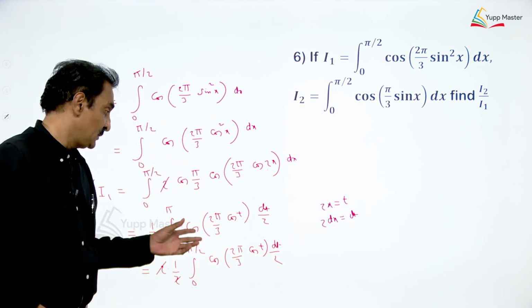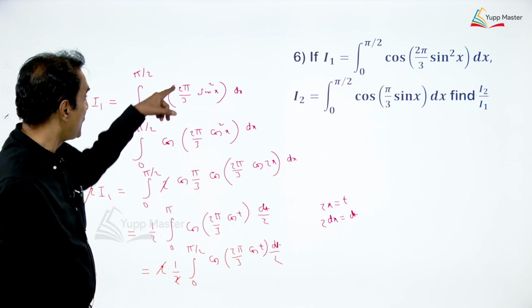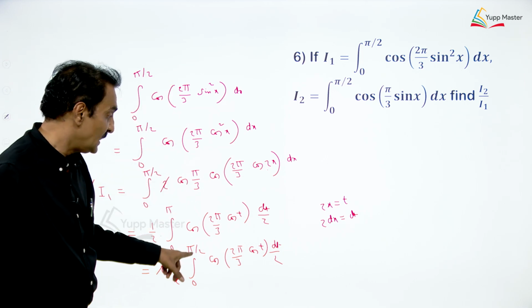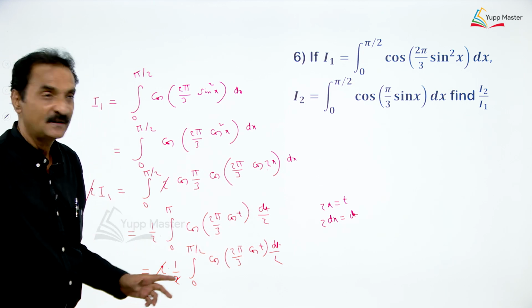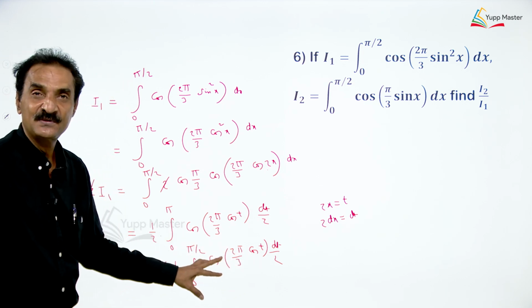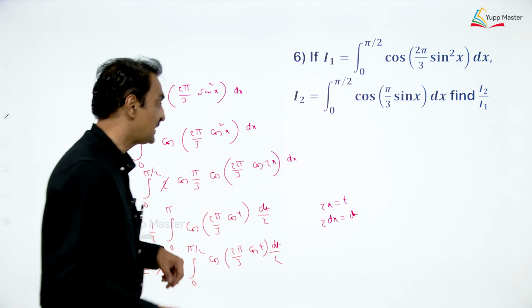Now, you can use the property which we have used here. Replace t by pi by 2 minus t. What will you get? So, cos pi by 2 minus t becomes sin t.